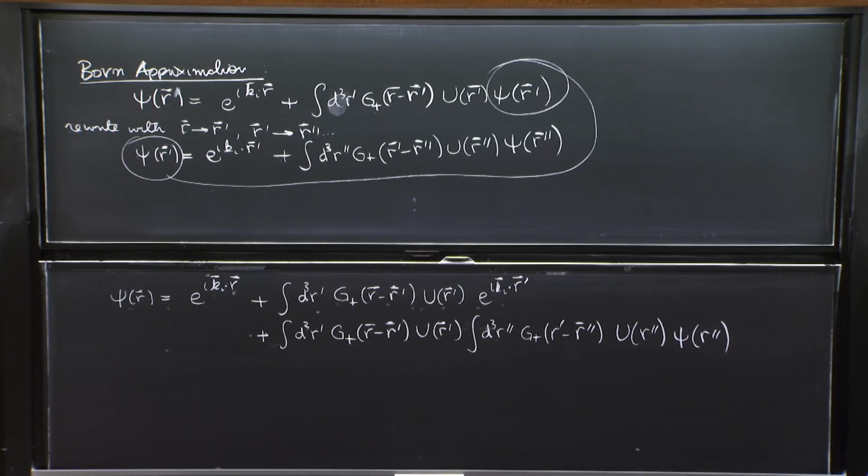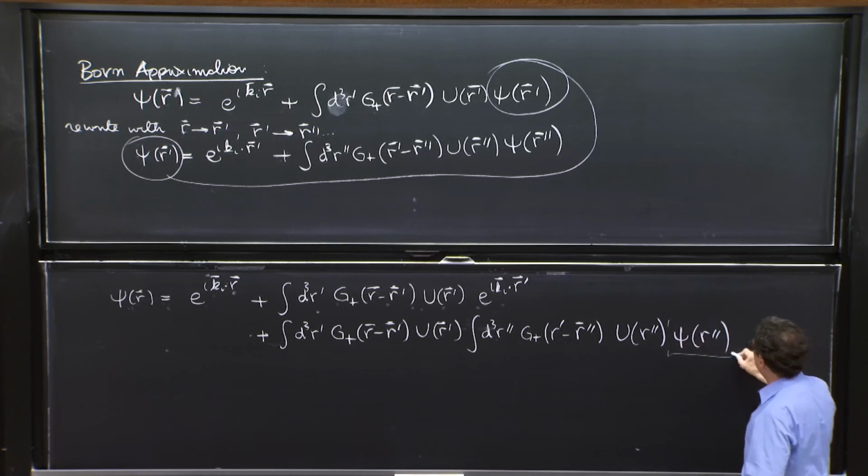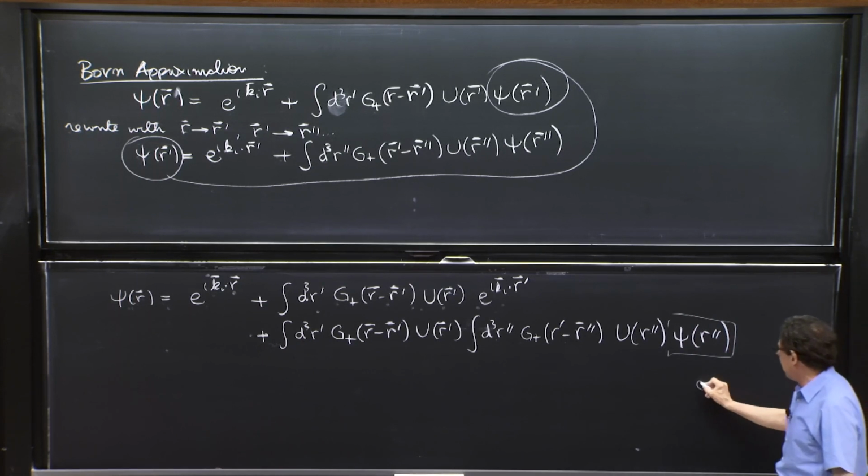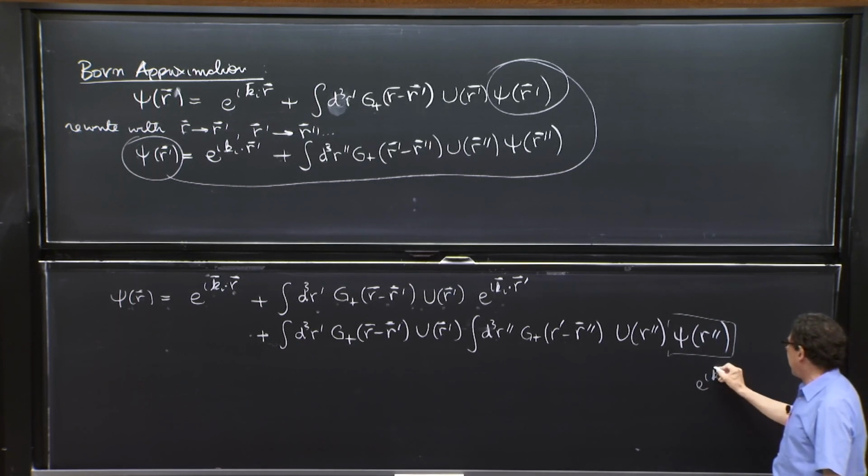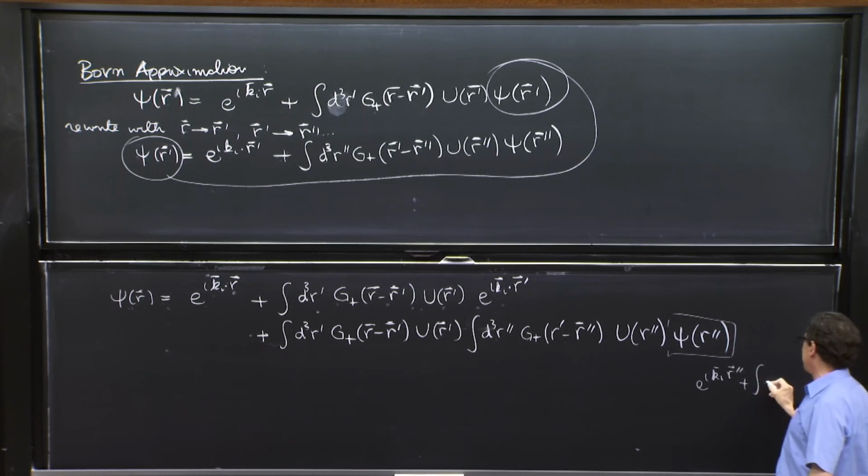And now you could go on with this procedure and replace this psi of r double prime. You could replace it by an e to the i ki r double prime plus another integral, the r triple prime of g, like that.